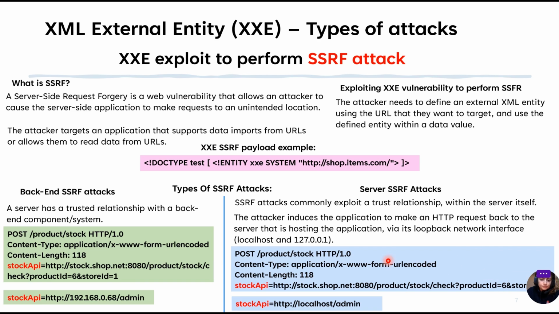Similarly to the example with the backend, we just changed the stock API URL here. In this case, we concentrated only on localhost because we wanted to show the attack based on the server itself rather than a backend server that has a trusted relationship with the server that hosts the web application. And we managed to solve the lab by deleting one of the users.